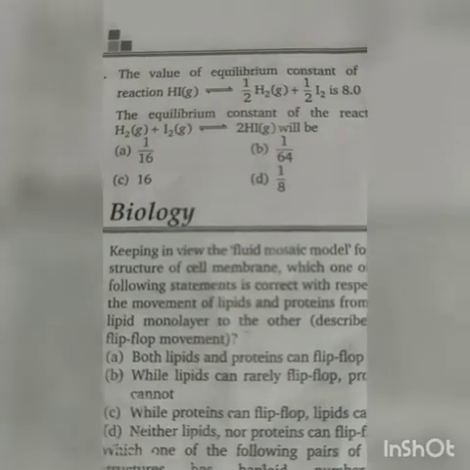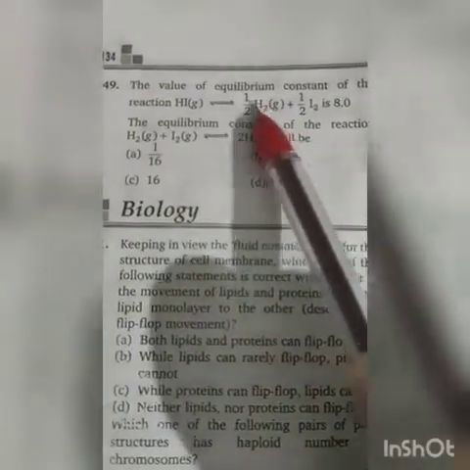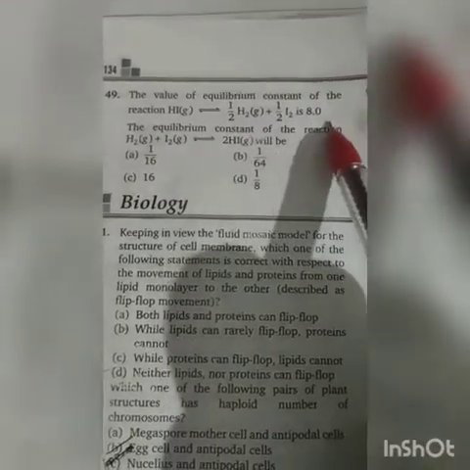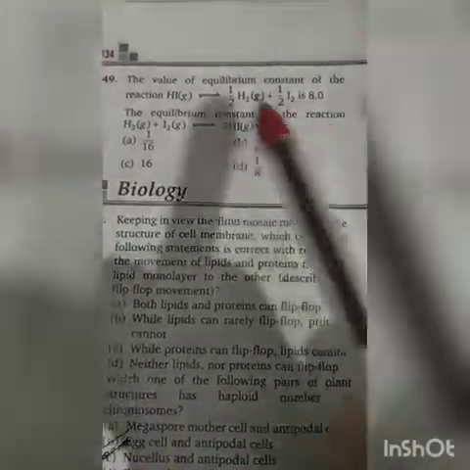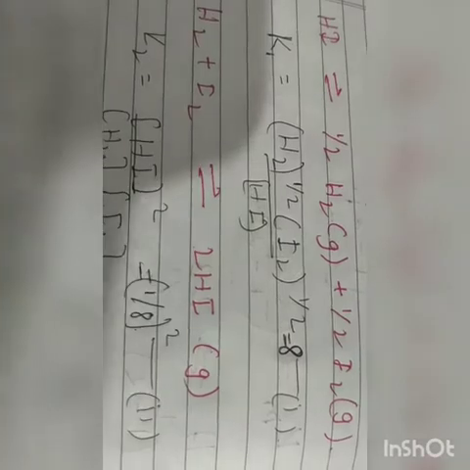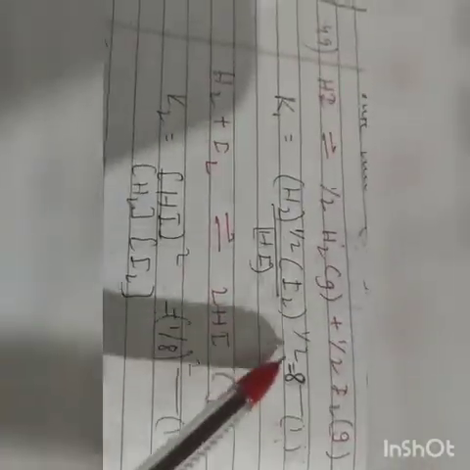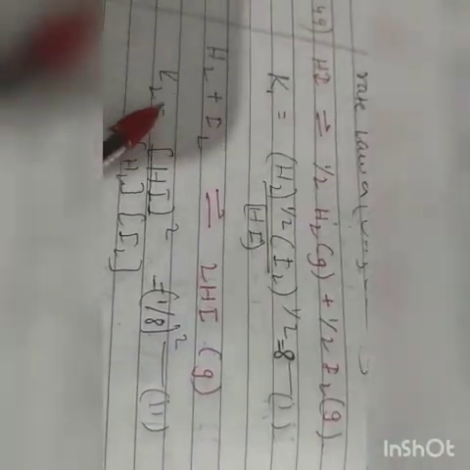Now question number 49. The value of the equilibrium constant of the reaction HI is equal to half H2 plus half I2 is 8.0. The equilibrium constant for the reaction given will be? So for HI converting into half H2 plus half I2, K1 will be this, and it is 8 as given. In K2, as we can see carefully, this reaction is reversed, so it will be 1 by 8.